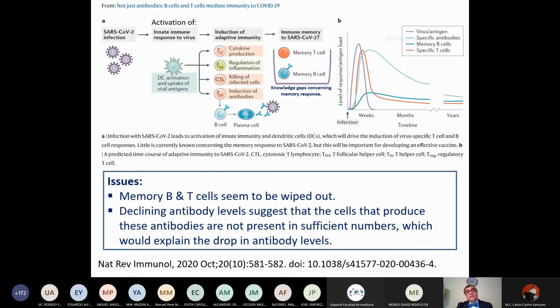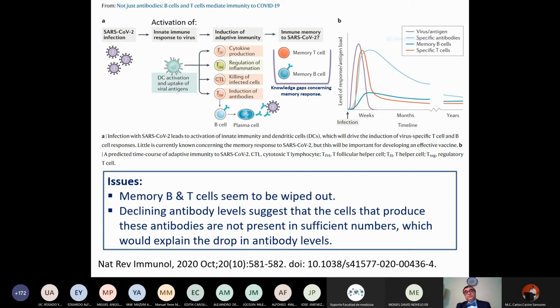This is highly critical in immunopathogenesis of COVID, because dendritic cells also regulate the inflammatory response. At this point there is a knowledge gap, and the knowledge gap is memory T cells and memory B cells.